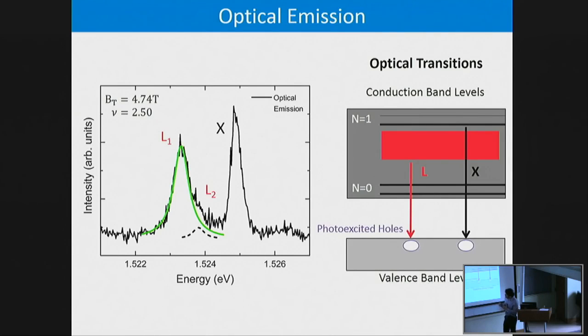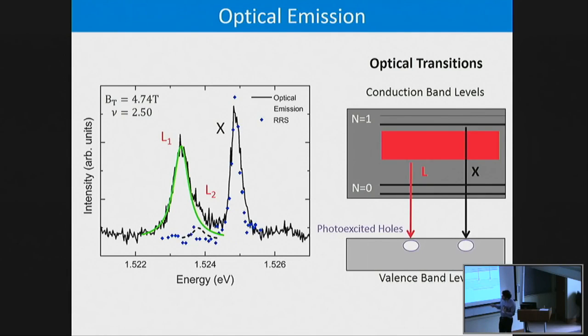Now, when we perform resonant Rayleigh scattering, there's absolutely no change. There's no enhancement in the presence of these peaks, as there would be if single particle transitions were possible there.